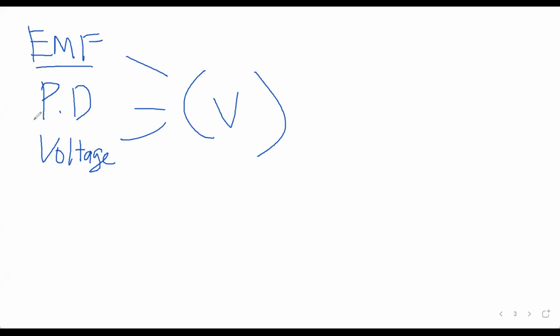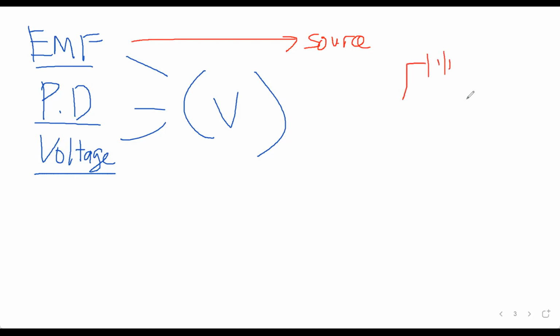So what's the main difference between electromotive force, potential difference, and voltage? Electromotive force is usually the source of the battery, or the source of the circuit. For example, in this circuit here, this is my electromotive force, which is pushing the current around to my battery and to my laptop. In a circuit, the electromotive force is usually the battery, because it's this battery that allows the current to flow.